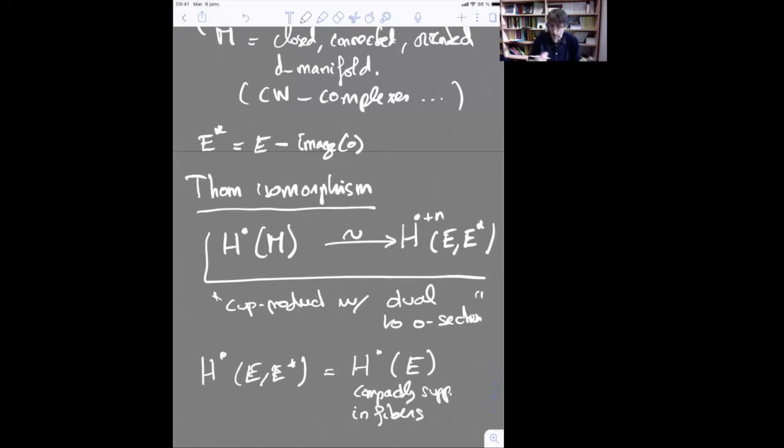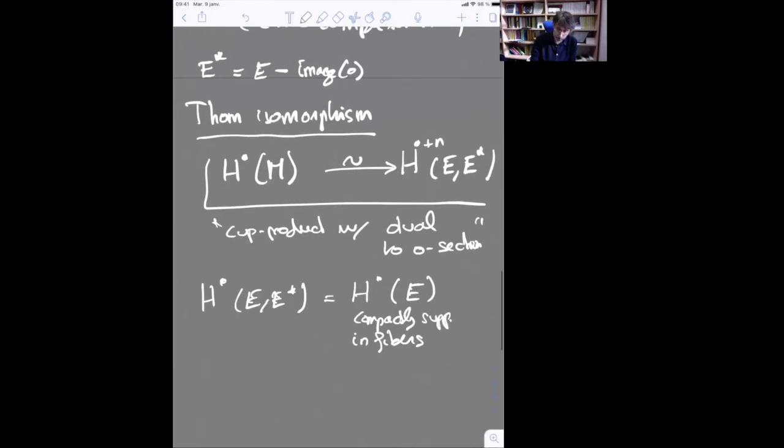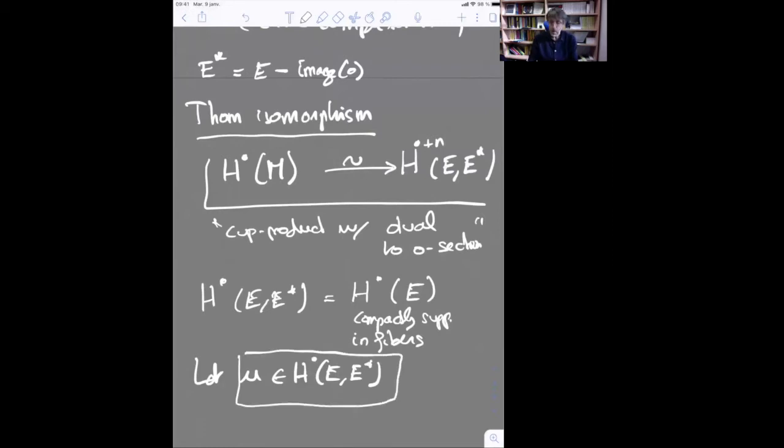And a particular class in here is the Thom class, if we let U be the class dual to the 0 section, compactly supported.